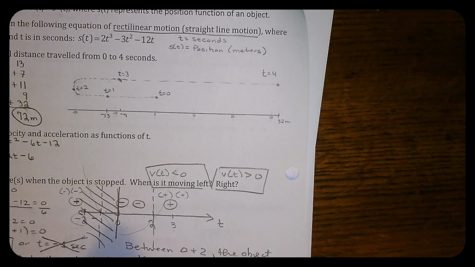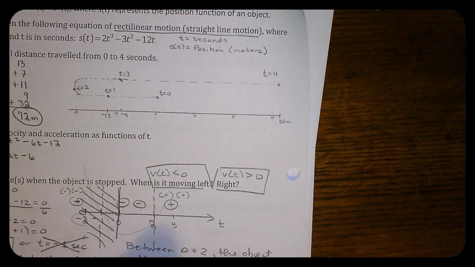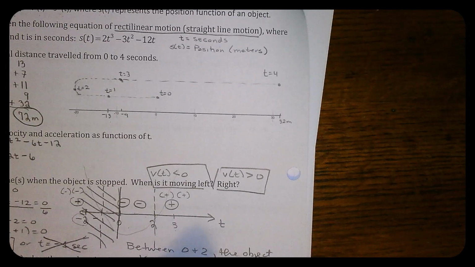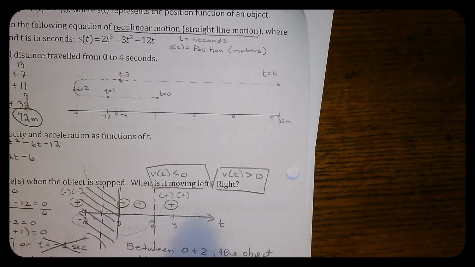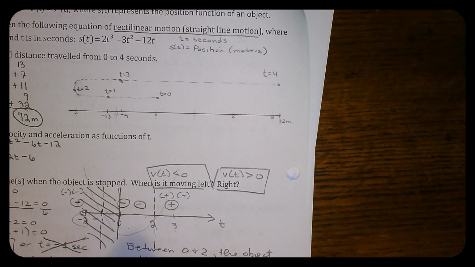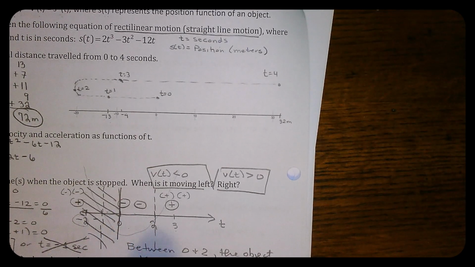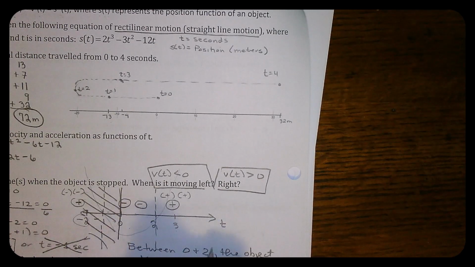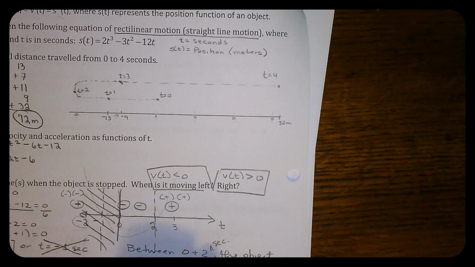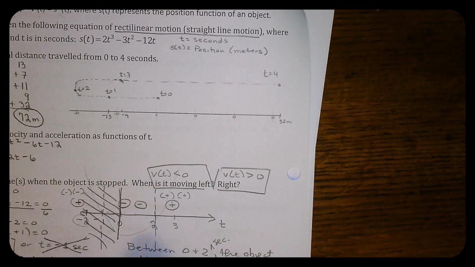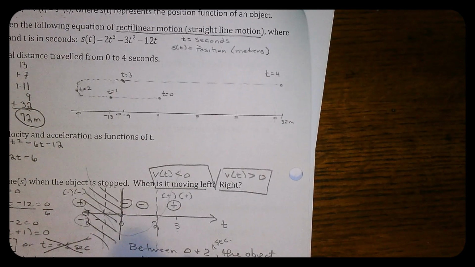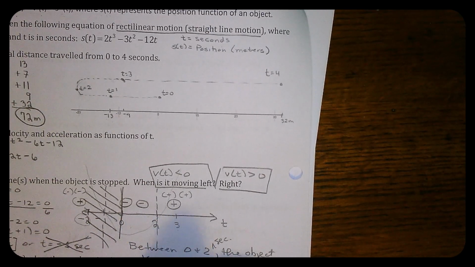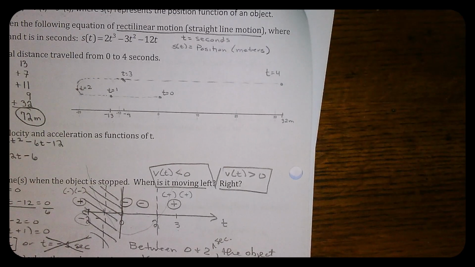And between 2 and infinity, the object is moving right. And I should put units because it's important. I'm going to add that between 0 and 2 seconds, and after 2 seconds. That's better.